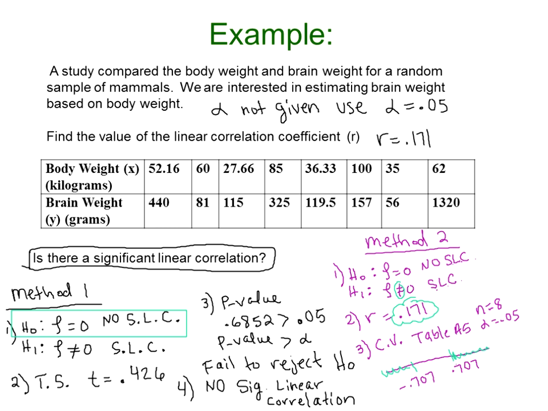So the test statistic lies, well, it's close to 0, right? So 0 is not in the shaded region. Do you see that? So R is 0.171. That's pretty close to 0. Okay, it's not in the shaded region. So we are going to fail to reject the null hypothesis. Now, is that the same result we had from method 1?